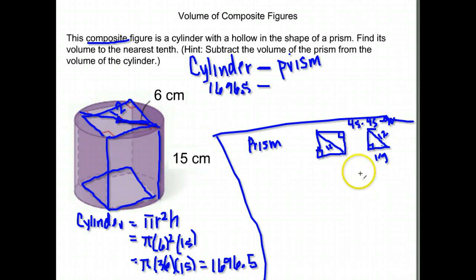Pause, look for that. And hopefully you find that the leg is the hypotenuse divided by the square root of 2. That was our formula that we used. So the length of each side of this square is going to be 12 divided by the square root of 2.